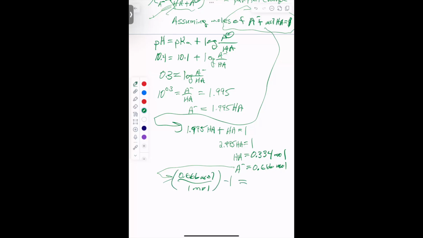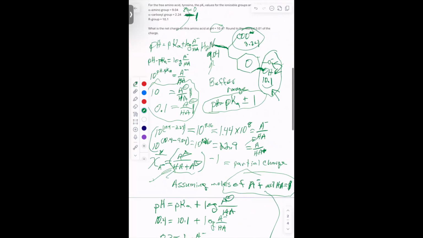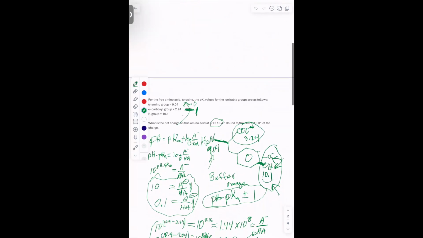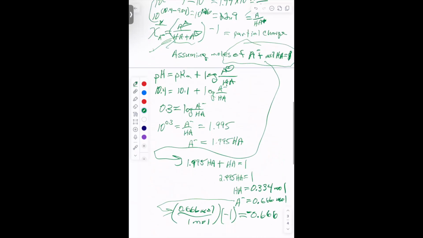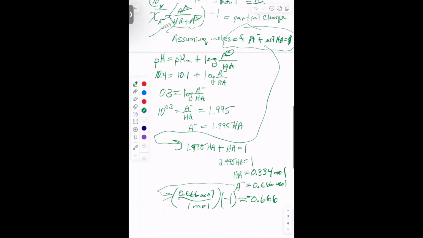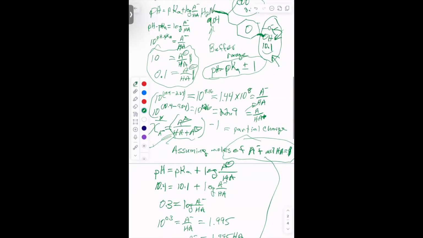And now I know that the contribution of charge from the tyrosine is going to be minus 0.666. So if I go all the way back up here, I know this is going to be minus 0.666.